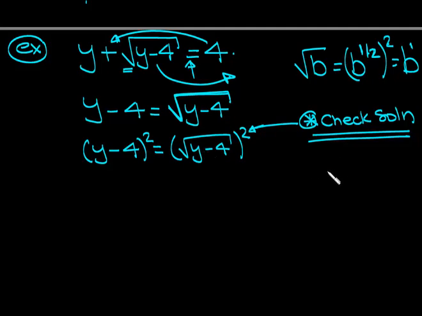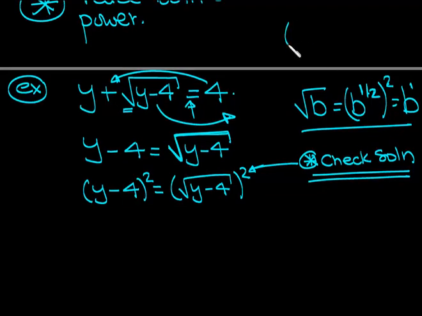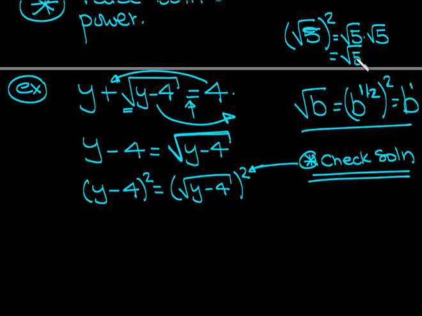If you don't follow this, you can think about, for example, the square root of 5 squared. That basically means you want to take the square root of 5 times the square root of 5. So you end up with the square root of 5 squared. The power and the index are the same, so if you remember the property of radicals, that negates it, so we just get 5.